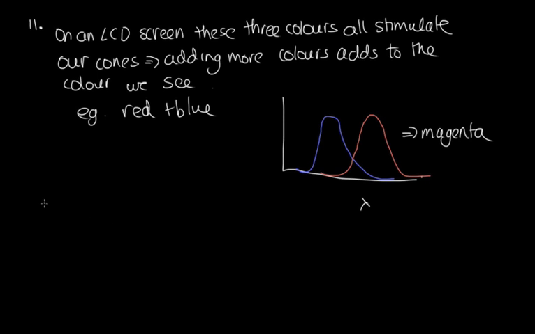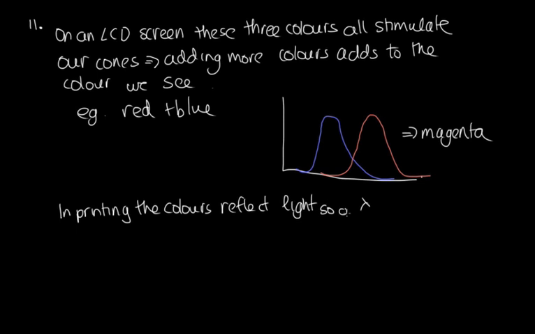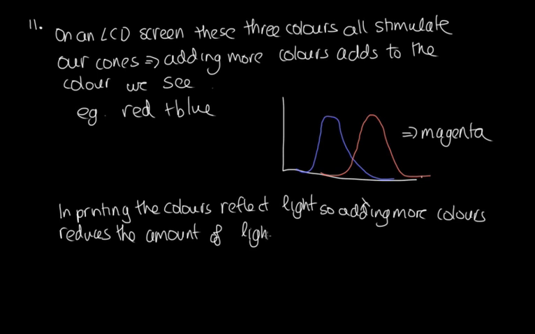On the other hand, in printing, the colours reflect light. So adding more colours reduces the amount of light that is reflected.